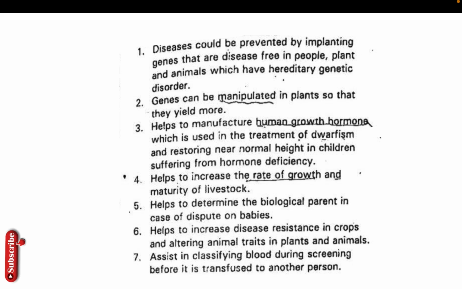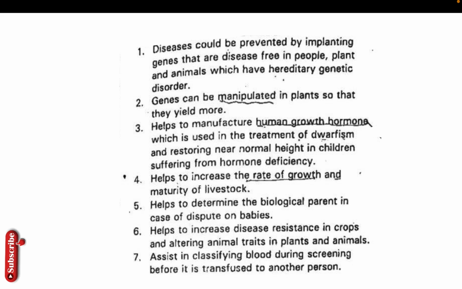Also, if these genes can be manipulated in plants, you get a high yield. And it helps people with a lot of hormone deficiency. For example, it restores normal growth in children with dwarfism. You see dwarfs, they can undergo genetic engineering and they grow to a normal height.